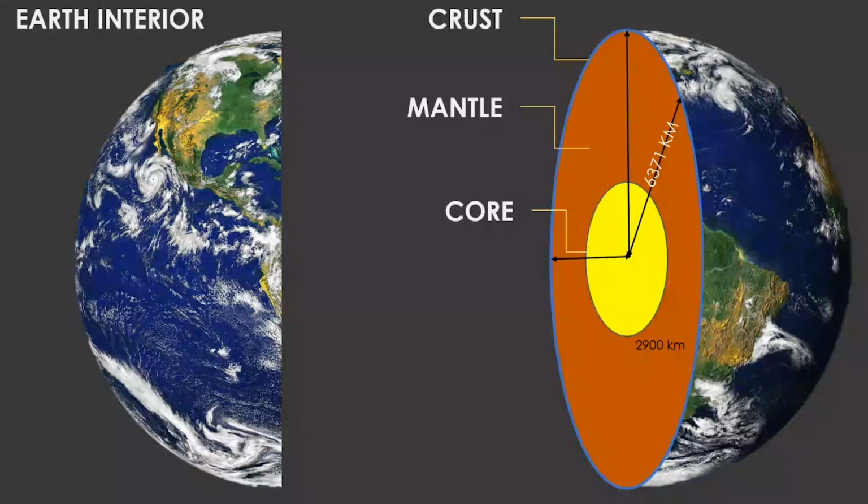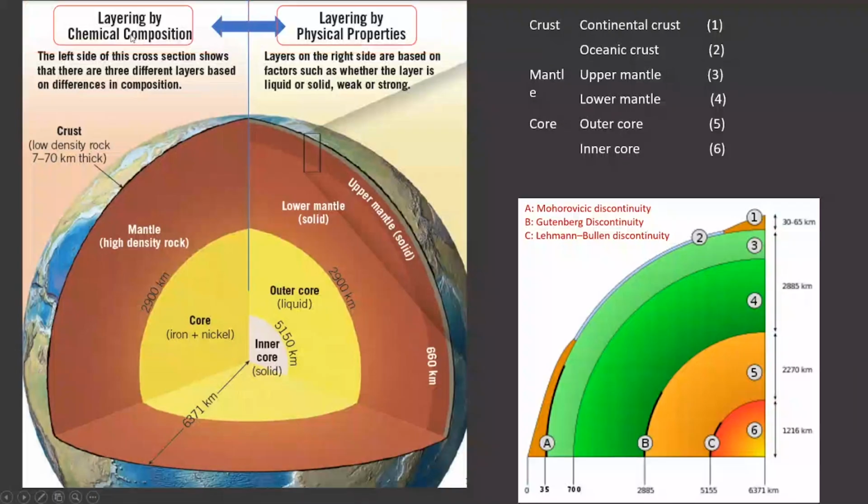Fine. So this is a simple three-layer model of the Earth, but it is not as simple as what we see. What I have just discussed is basically the composition of the Earth, which can be divided into crust, mantle, and core. The crust's thickness is around 7 kilometers to 70 kilometers, and it varies because in some parts of the surface we have a continental portion, and in some parts an oceanic portion.